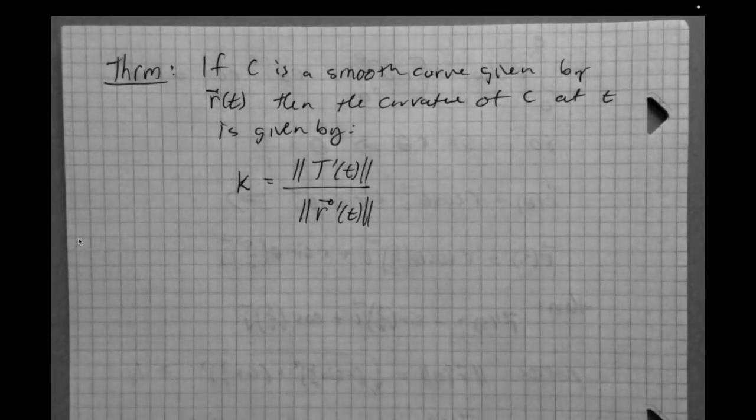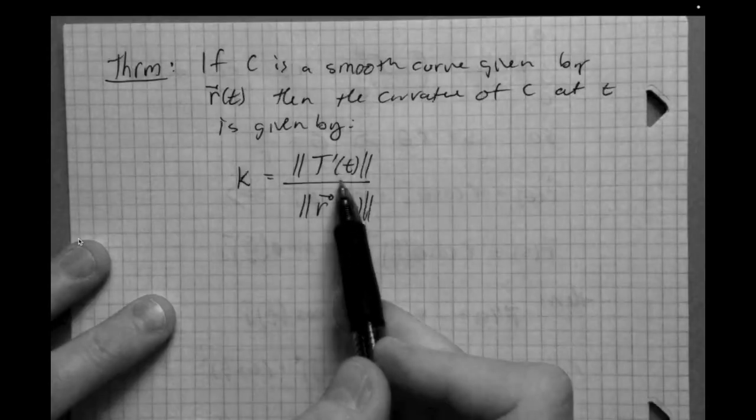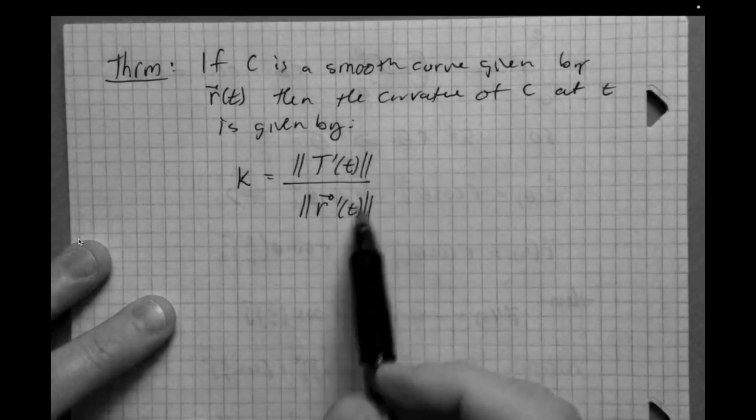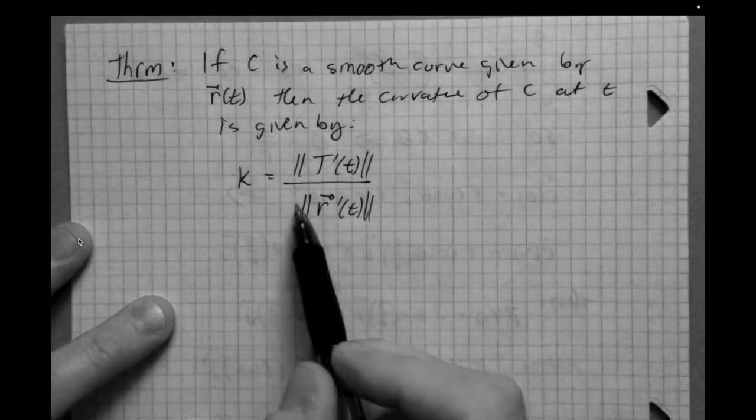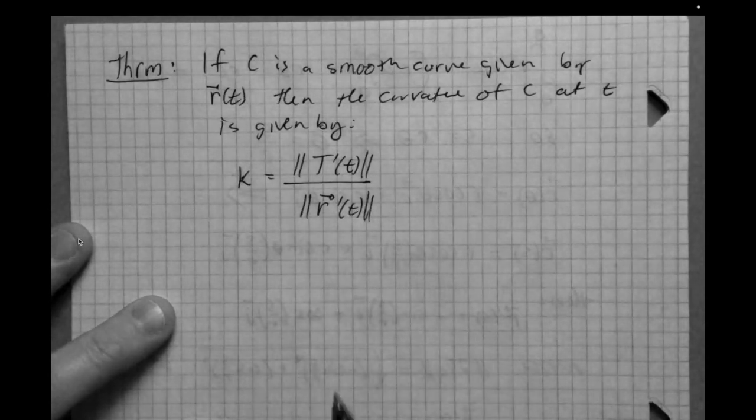So you can do it this way. You find the unit tangent vector, differentiate it, take the norm, and you divide that by the norm of the derivative of the original function r.